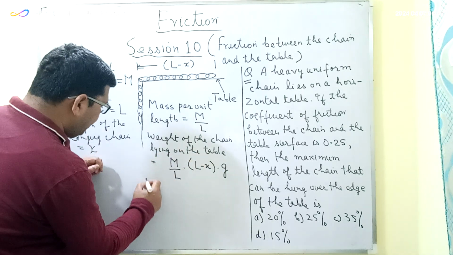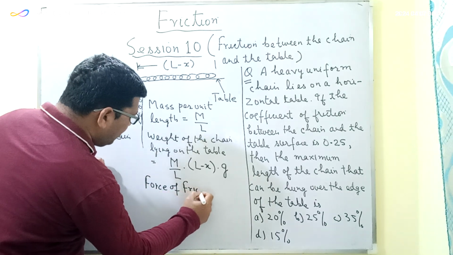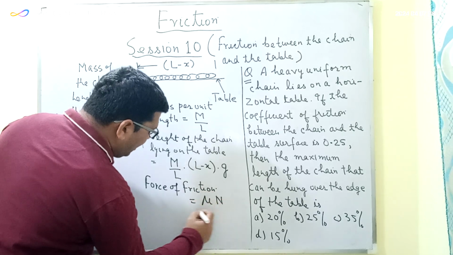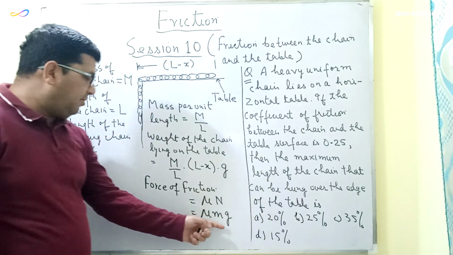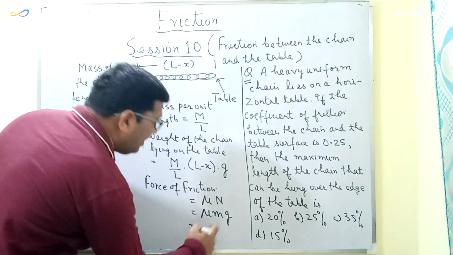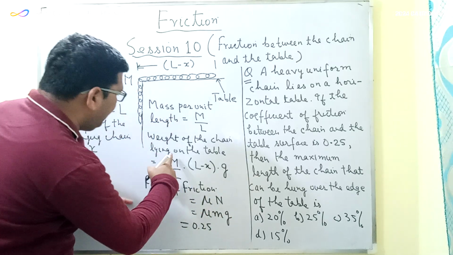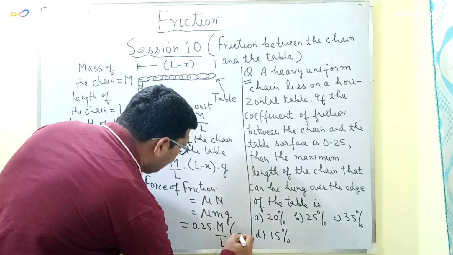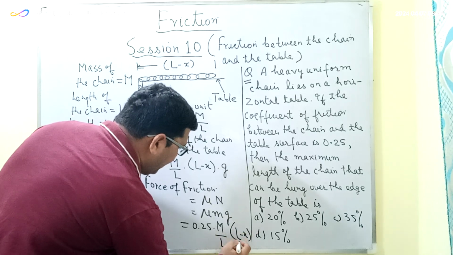So the force of friction will be equal to mu into N, and this is equal to mu into M into g, where Mg is the weight of the chain which is lying on the table. We have already calculated it, and mu is given to us which is equal to 0.25.